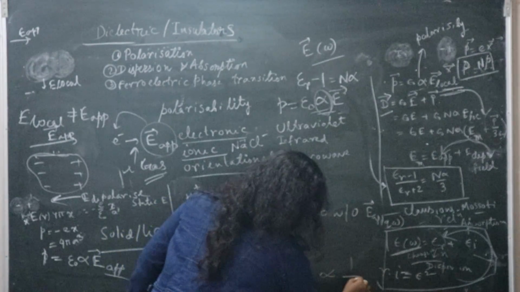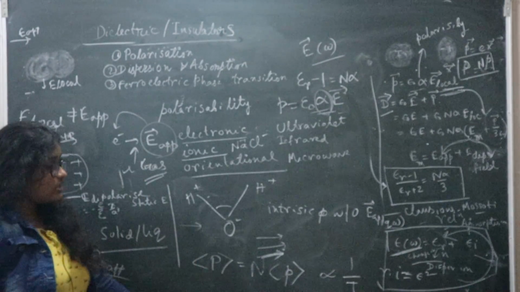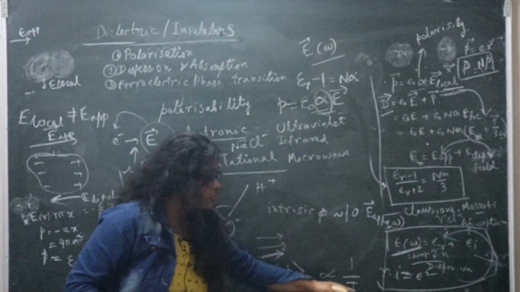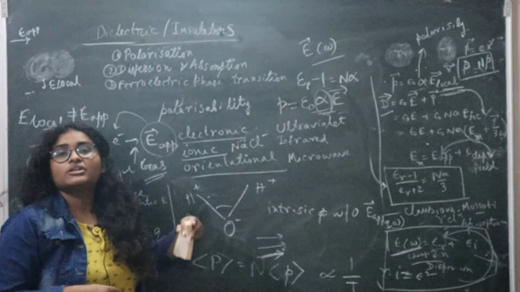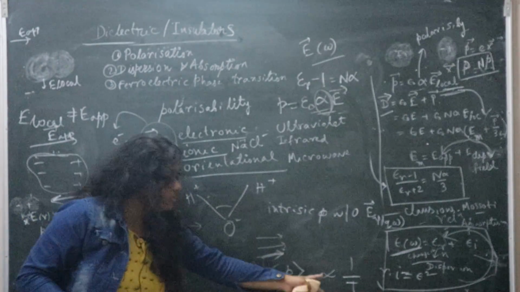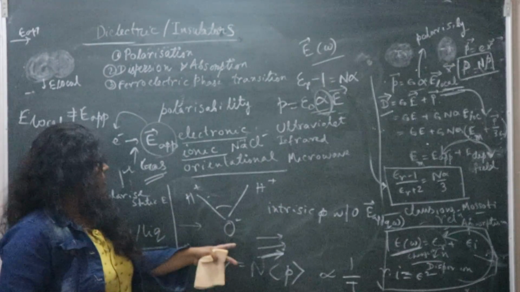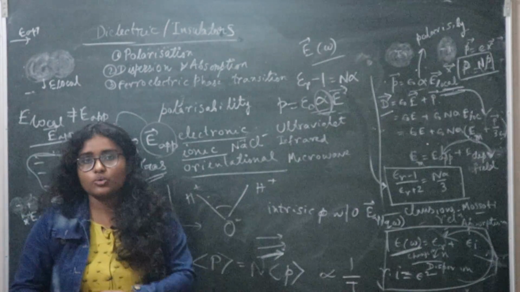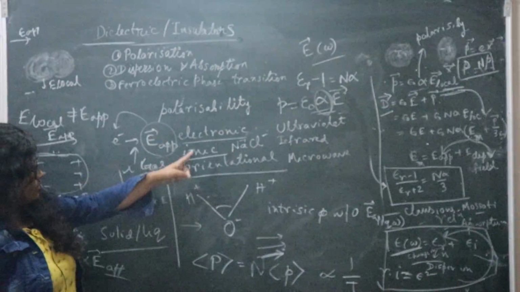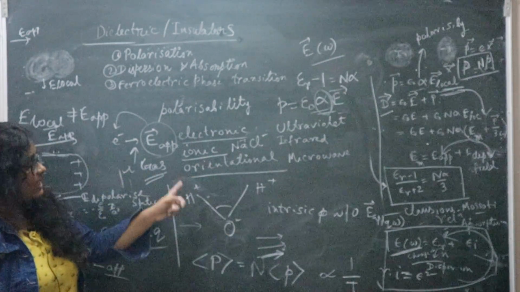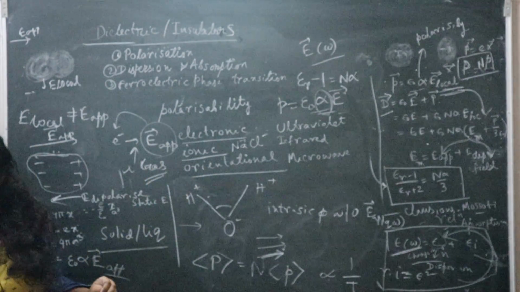After calculating, you will get that it is proportional to 1 by T. That is, when the temperature is lower the polarizability will be higher, and when the temperature is higher the orientational polarizability will be lower. So these are the three polarizabilities that can contribute to the overall polarization.